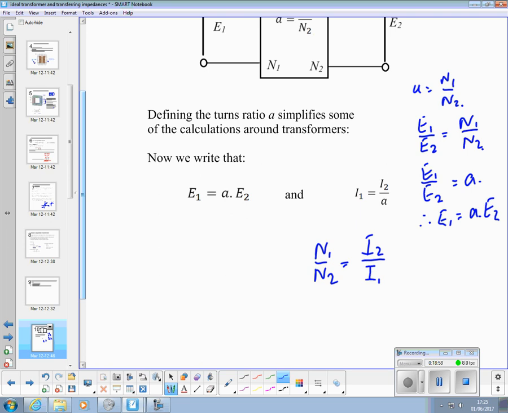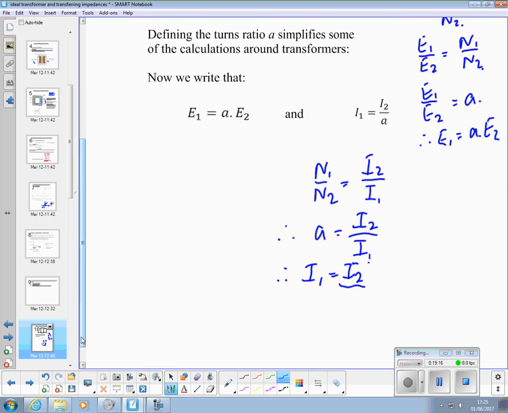Therefore, A is equal to I2 over I1, and therefore I1 is equal to I2 divided by A. We're going to be using those a lot, right?